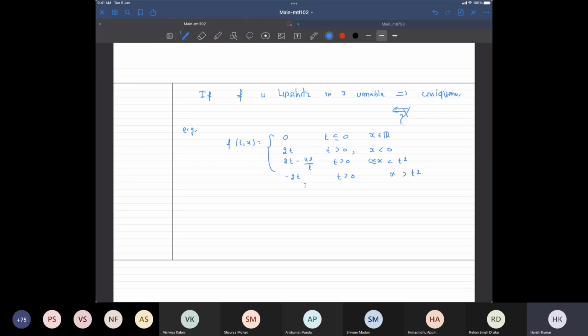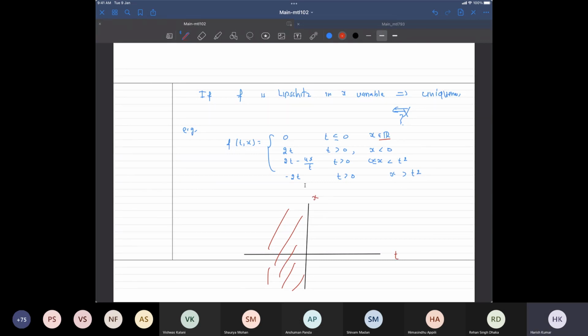Do you want me to draw these regions? Yes, sir, please. Okay, let's do it. For the first term, any x but t negative, this is t, this is x.